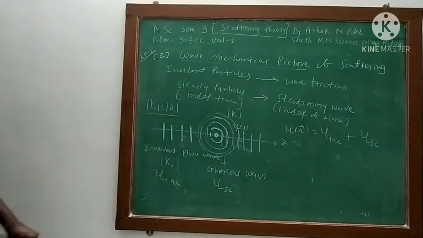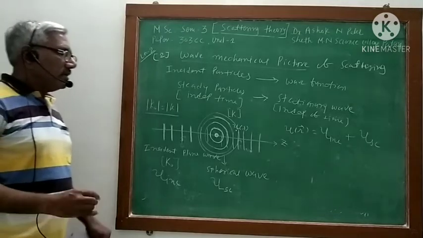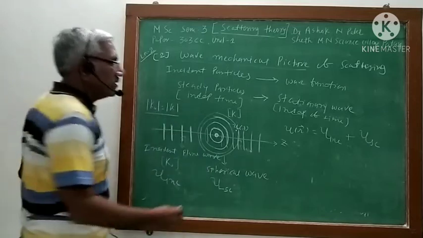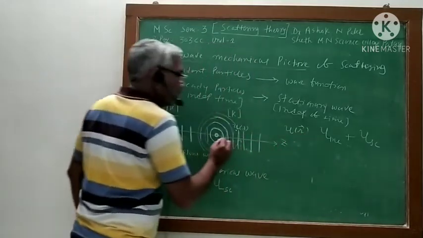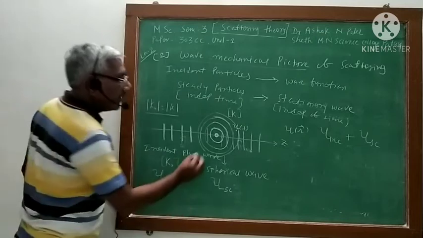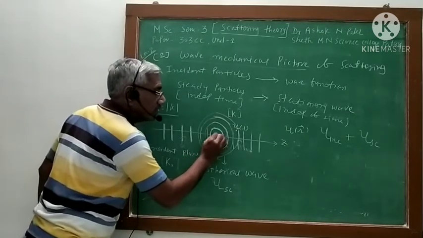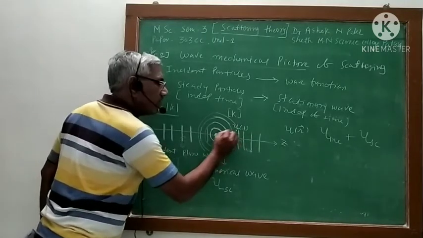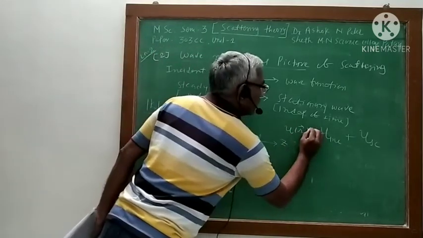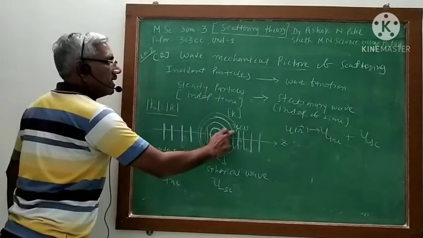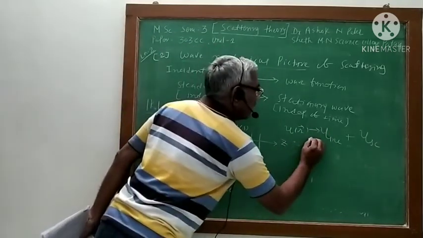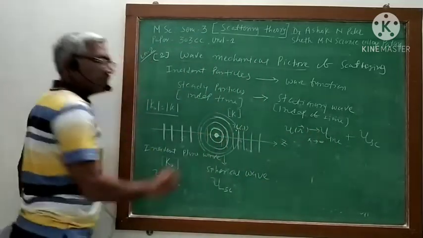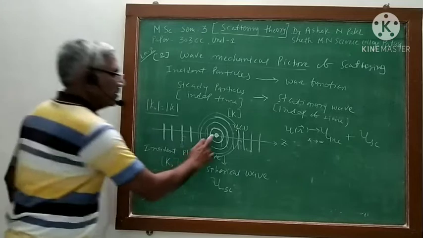Now I want to tell you that here we are measuring the wave function at a large distance compared to the size of the potential of the particle. This distance is very large. So my wave function at this point means r tends to infinity. I assume that this distance is very large.